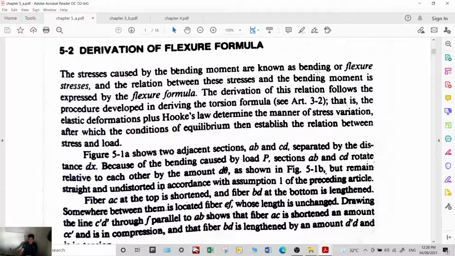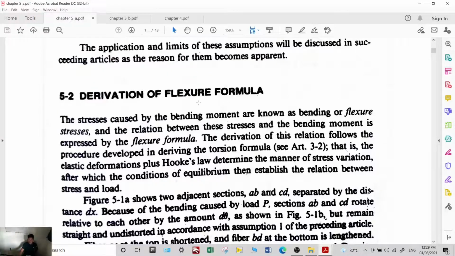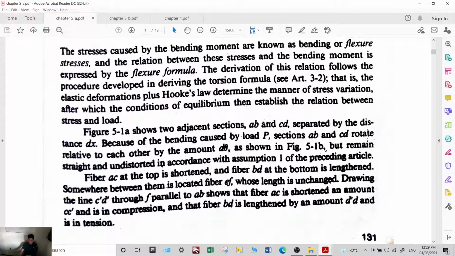The bending stress is caused by the bending moment, which we already derived in chapter 4. So we should be familiar, or we already know how to draw the shear and moment diagram, because we will still be using those concepts in determining the flexure stress.